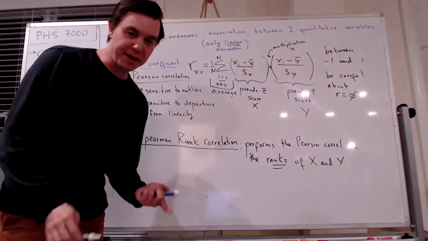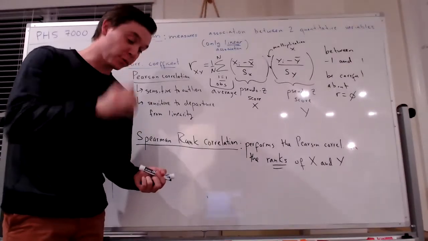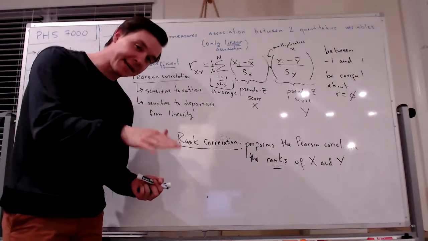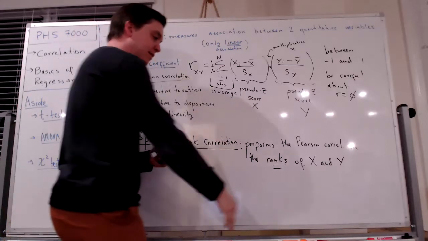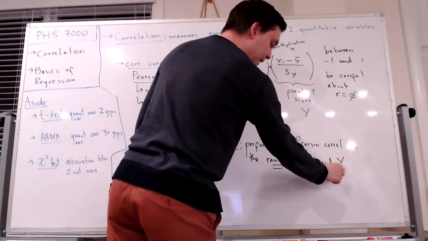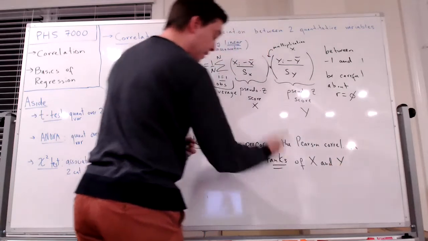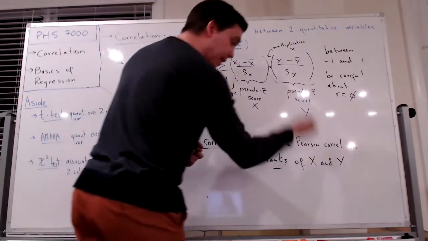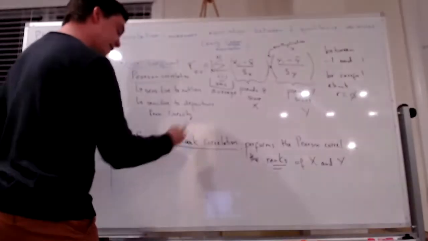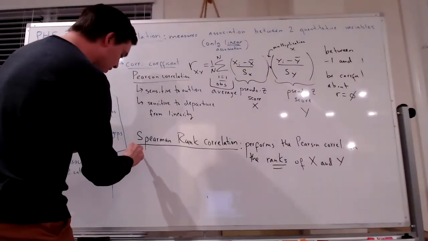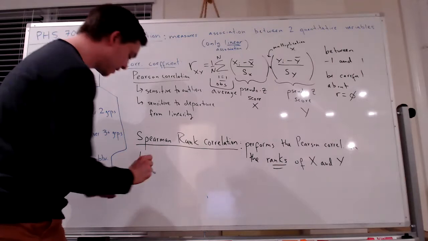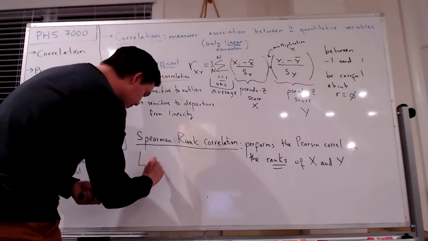So you take our two variables, we find the ranks: what is the smallest observation, what is the second smallest observation, what is the third smallest observation. And then we do the same thing for the second quantitative variable, and we perform the correlation between the ranks. And it turns out that the Spearman correlation, first of all, is infrequently used.